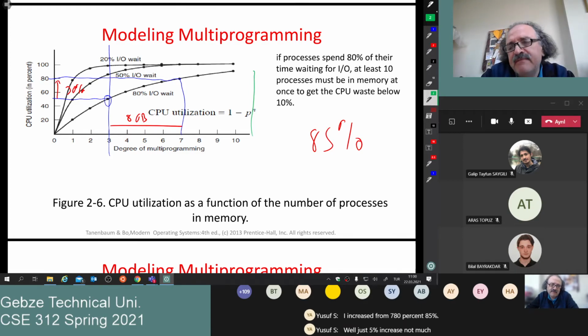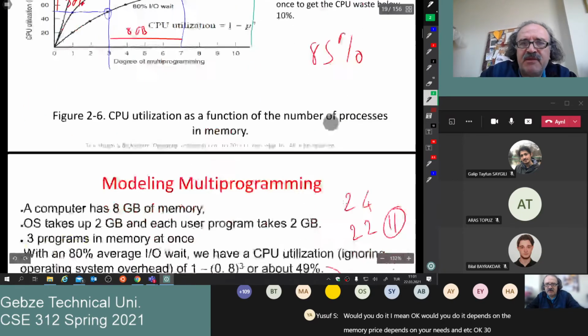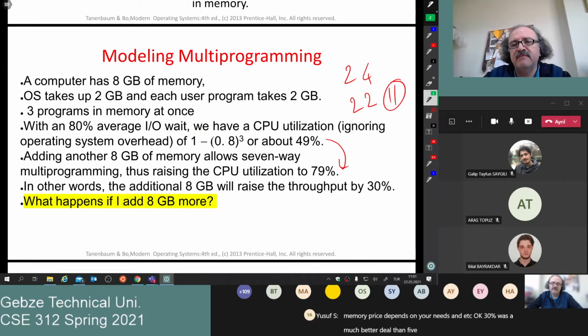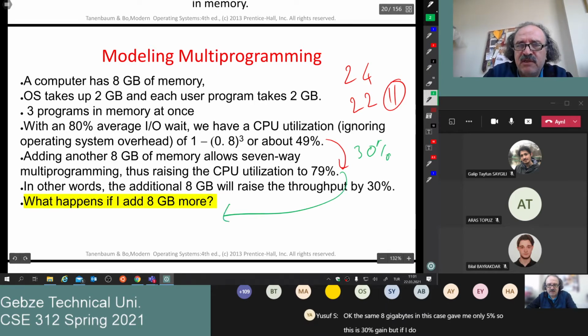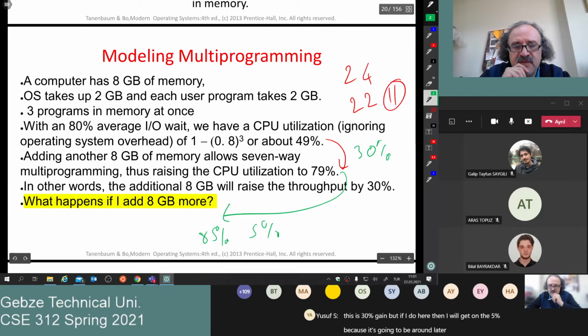Would you do it? Depends on the memory price, depends on your needs, etc. 30% was a much better deal than 5%. The same 8 gigabytes in this case gained me only 5%. This is a 30% gain, but if I do it here, I will get only 5% because it's going to be around 85% CPU utilization.